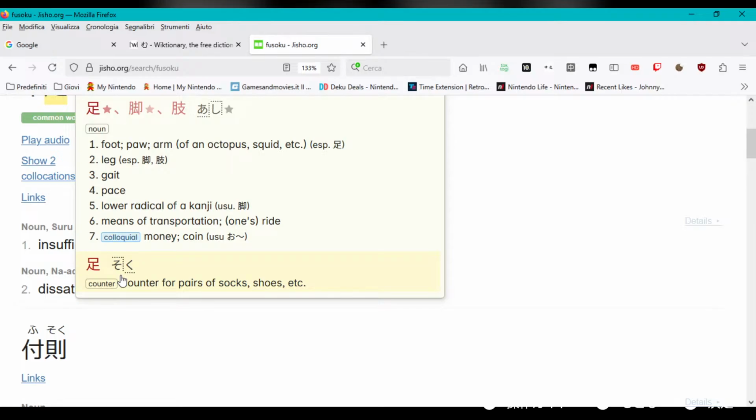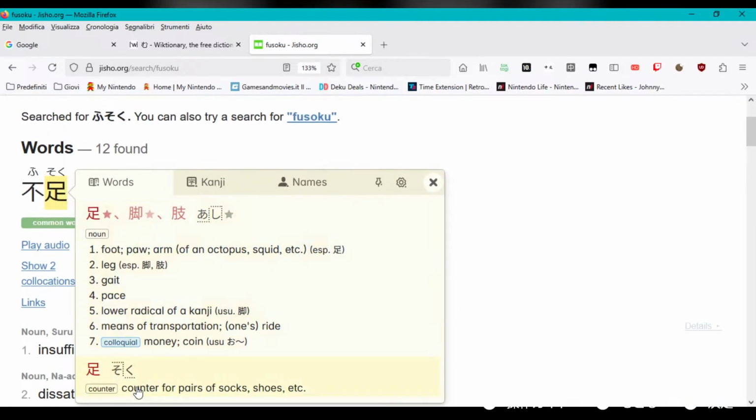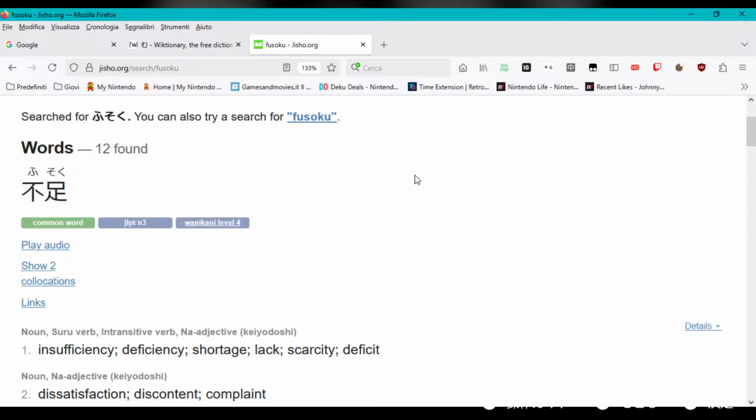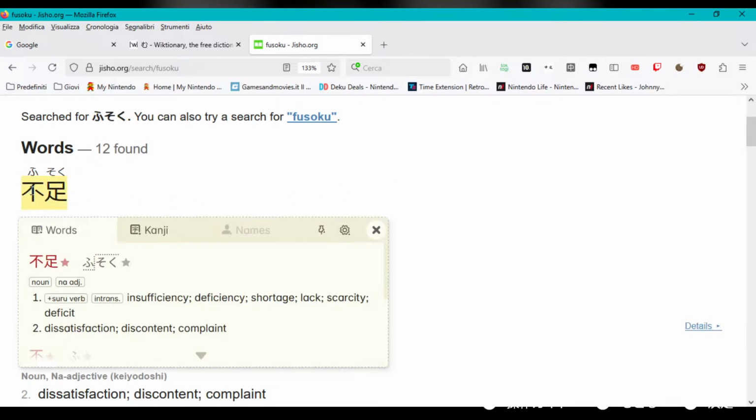But the same one can be used also with other readings, but also this Chinese one, soku, don't mind this one, can mean sufficient. And so by adding fu, we have fusoku, insufficiency, deficiency. And it's also an adjective, so we can see fusoku na, and then a noun to say that noun is insufficient.